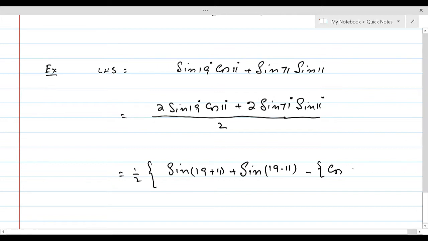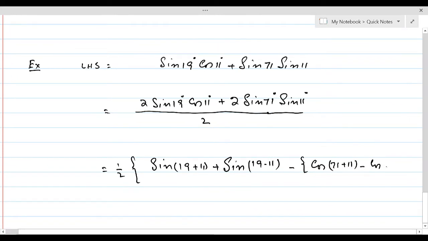So this will be equal to cos of 71 plus 11 degrees, then minus cos of 71 minus 11.